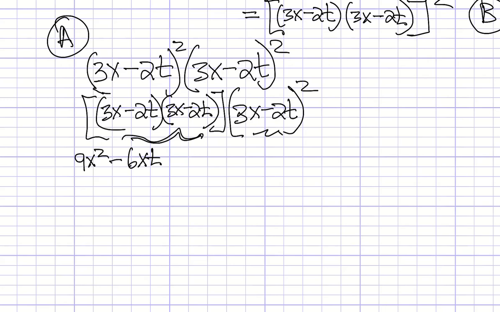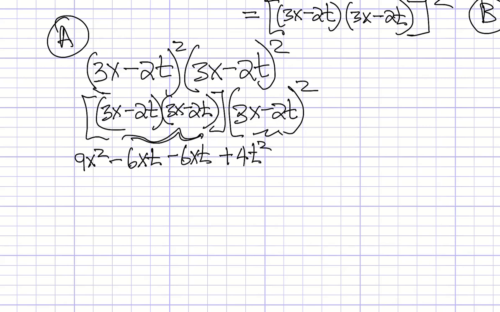We want to know which one is better, so we'll slug it out. Negative 2t times 3x gives negative 6xt. And then negative 2t times negative 2t gives positive 4t squared.